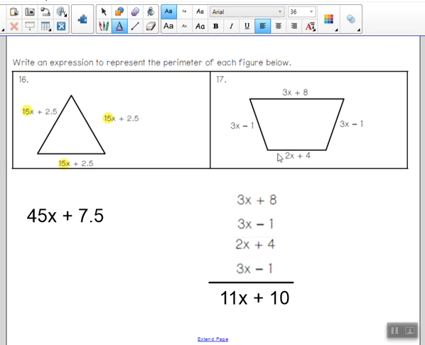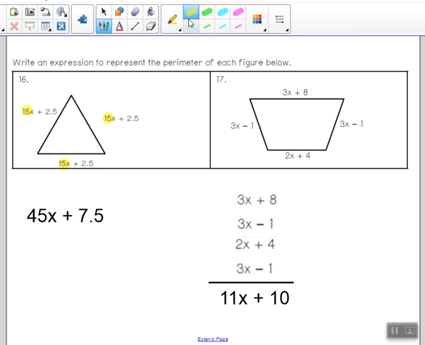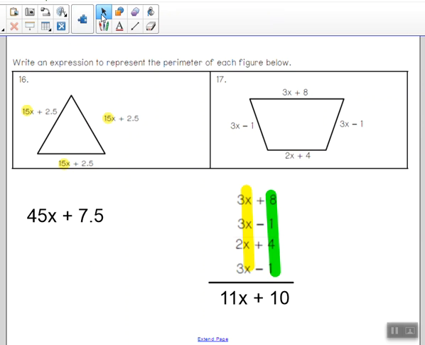So these sides all really add up to 11x plus 10. And again, all we did was combine our like terms. We combined these and we combined these right here. Now, sometimes you have to pay attention to the signs though, like there was this takeaway 1 and another takeaway 1. So you have to pay close attention to what's going on with it.